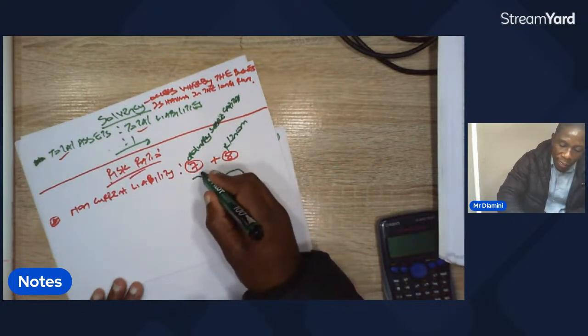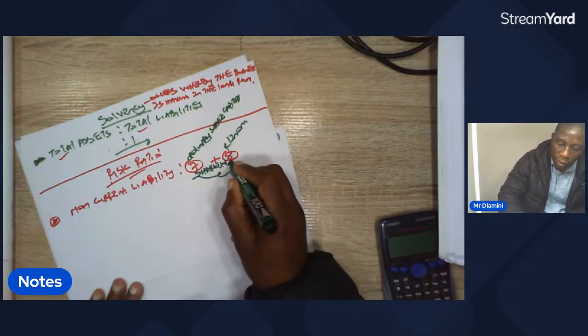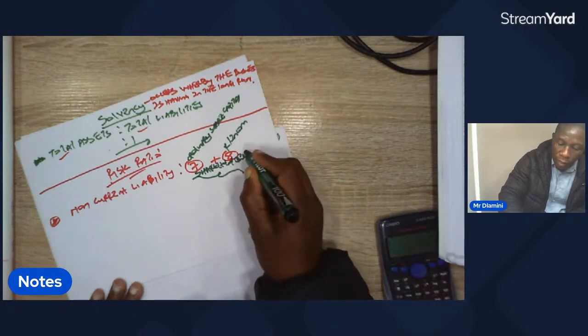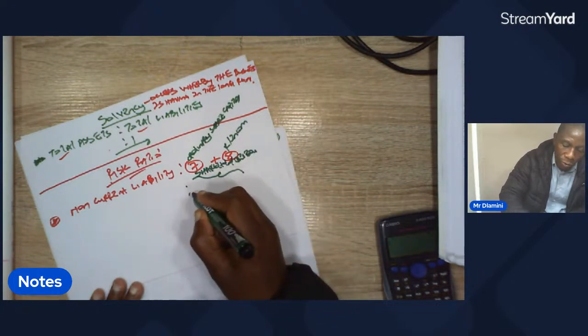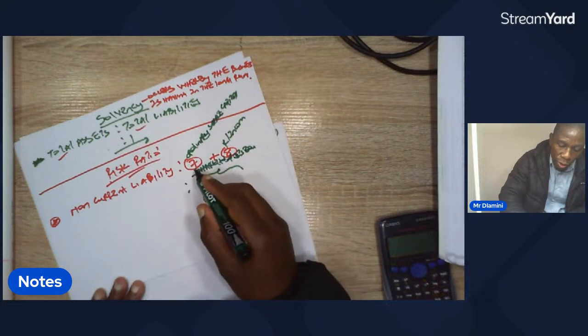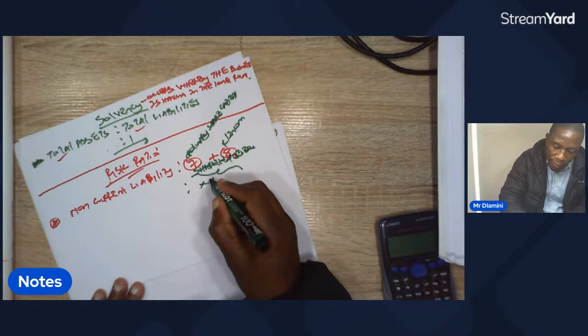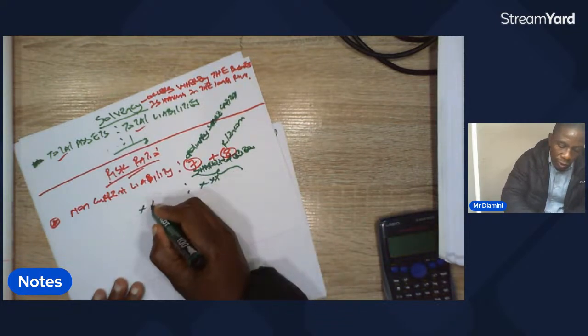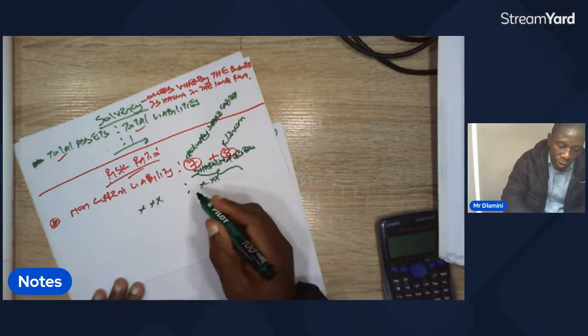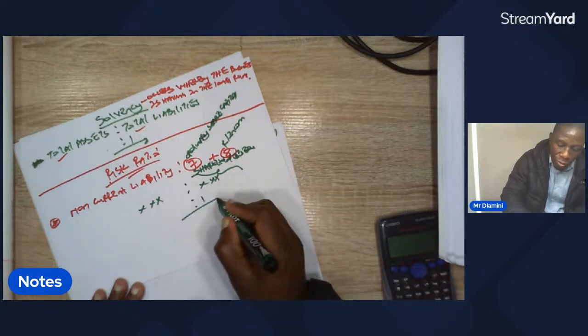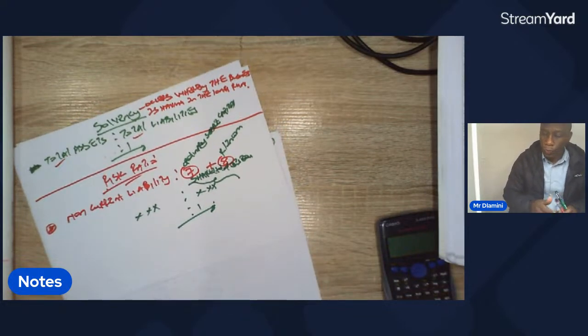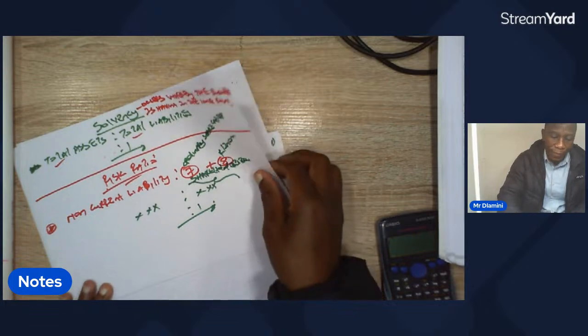So 7 and 8 combined is shareholders' equity, and it is to non-current liability, that is a loan or mortgage bond. So your answer is something is to 1. So you are done now with the risk ratio.